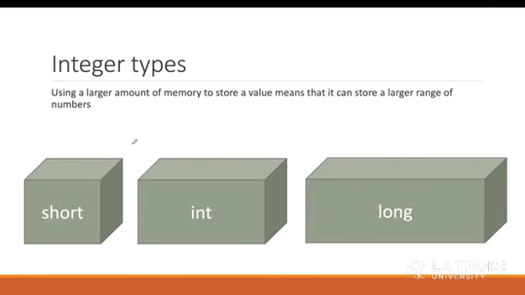Short is less in memory as compared to int, and int is less in memory as compared to long, which means that short can store a shorter range of numbers as compared to int, and int can store a shorter range of numbers as compared to long.